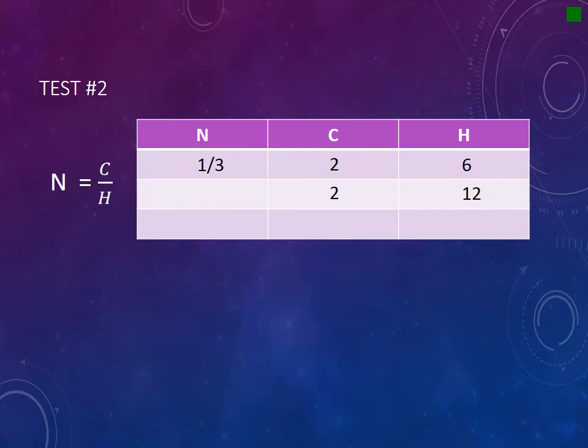If I double the amount of homework, then my niceness is going to be half of what it was before, 1/6. And then if we decrease the amount of homework to 2, our niceness will increase to 1.